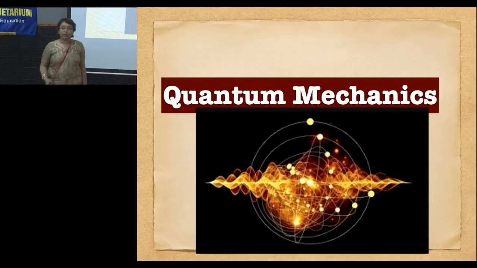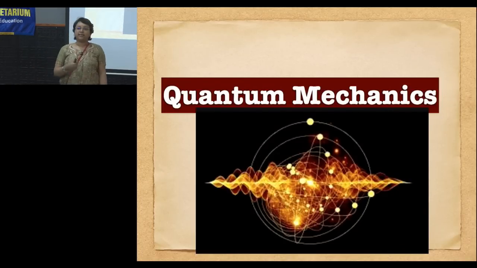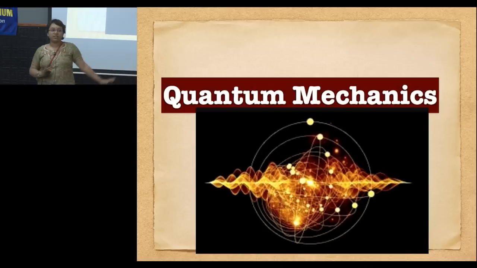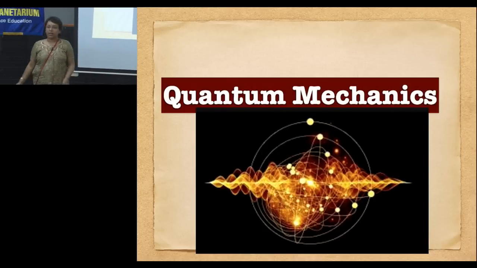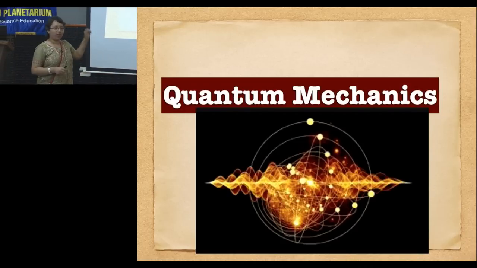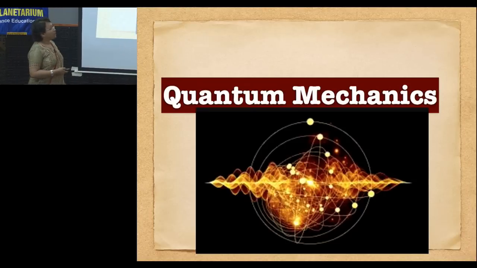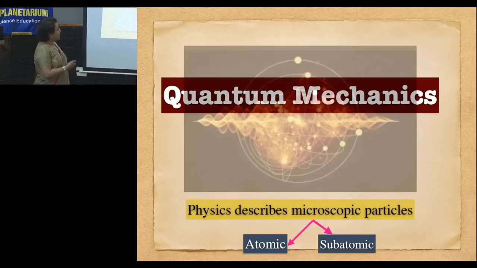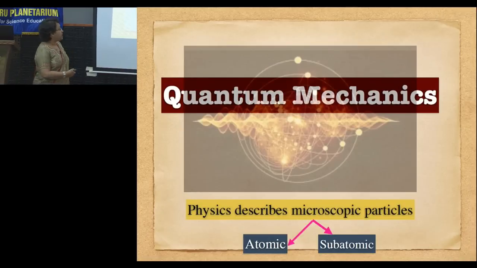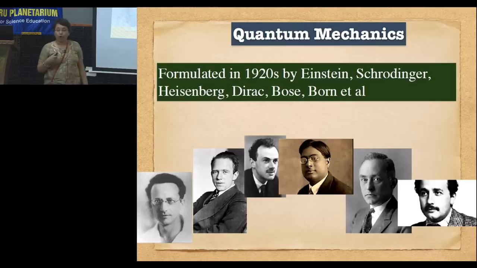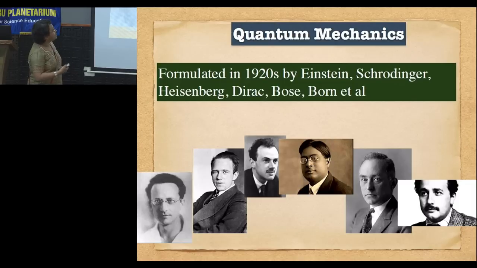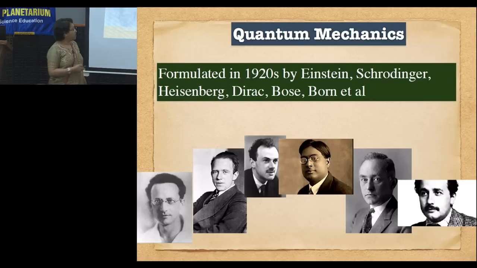Since I will be talking about quantum physics, in my entire talk it is not required that one should know quantum mechanics. Just for completeness, I put in some slides. We know that quantum physics describes the properties of microscopic particles like atomic and subatomic ones, and it was formulated in the 1920s by famous scientists Einstein, Schrödinger, Heisenberg, Dirac, Bose, Born, et al.